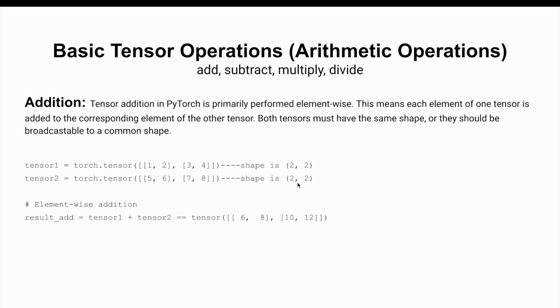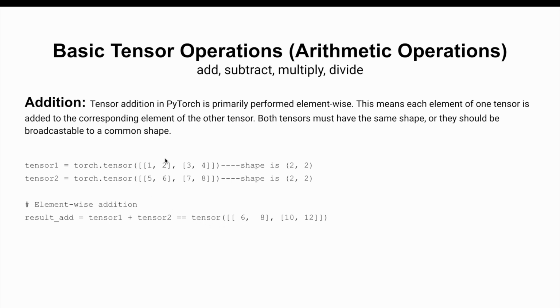So we can add this element-wise, and to add the tensors, it's very easy. It's more or less taking the first element in the first tensor and adding it to the first element in the second tensor. Like we can take 1 plus 5 is 6, and we have our tensor here, 6.